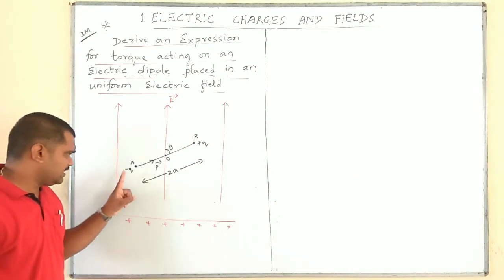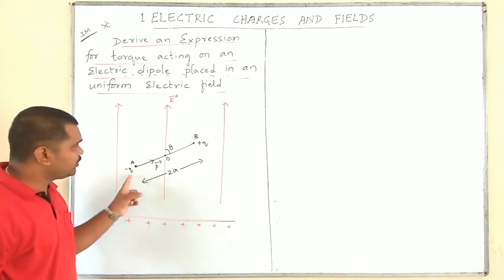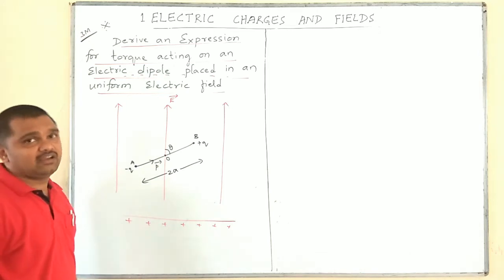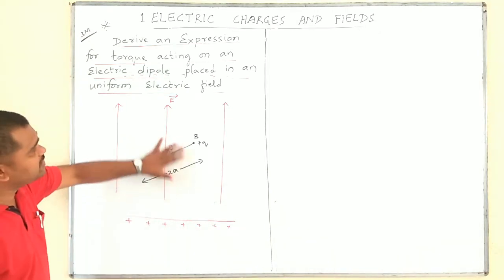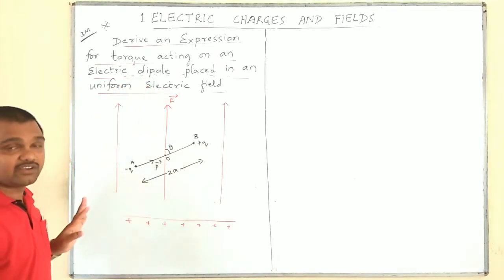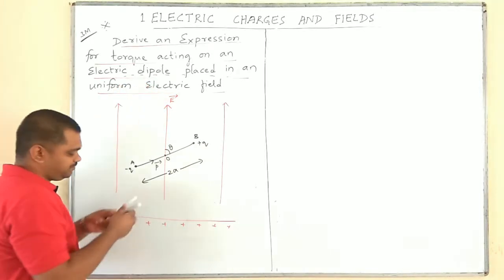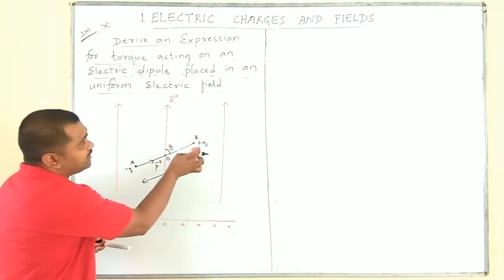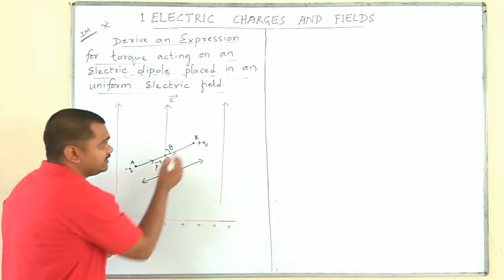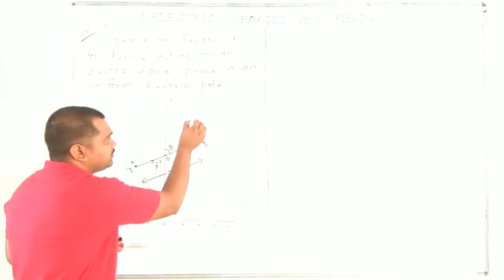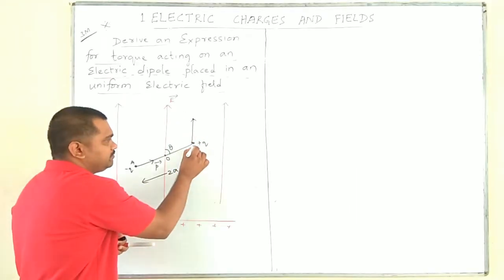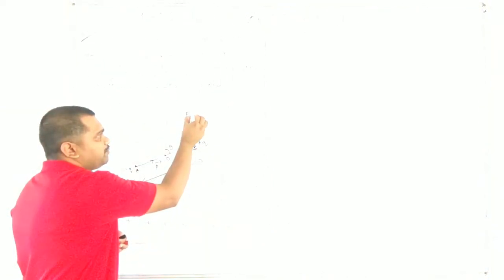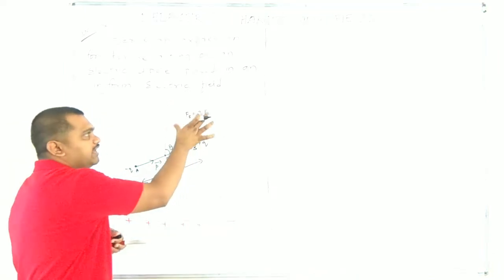Let minus Q and plus Q be the two equal and opposite charges separated by a small distance 2a, forming the electric dipole. When this dipole is placed in such a uniform electric field, since it is a positive charge, it will be attracted towards the negative plate. Therefore, this is the direction of the force on this positive charge, which is given by FB equals QE. I am taking only the magnitude.